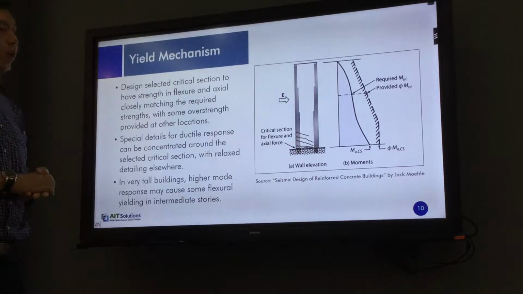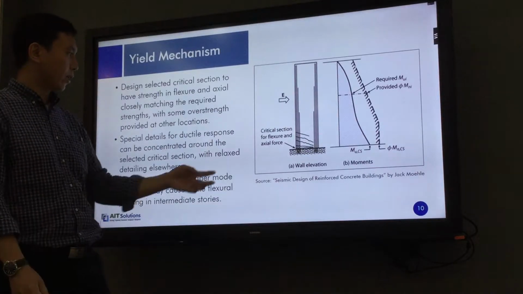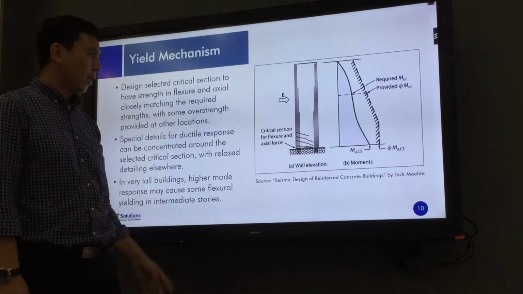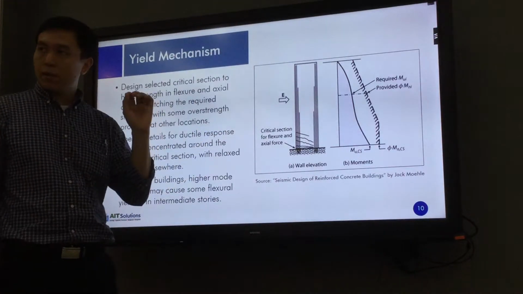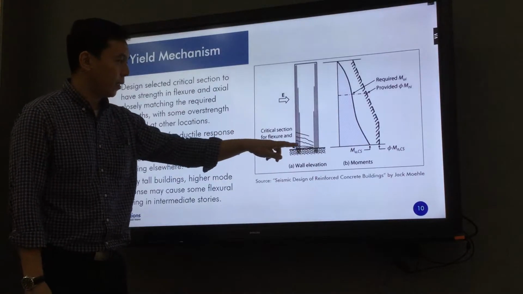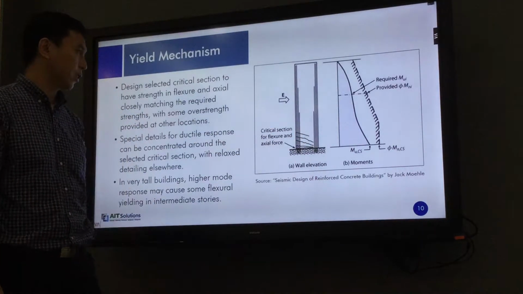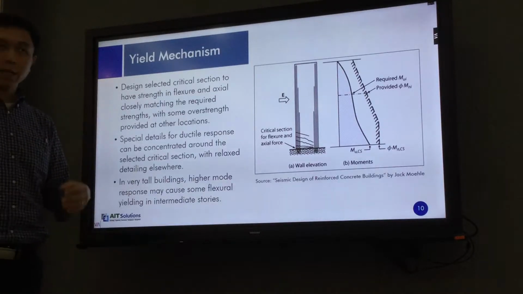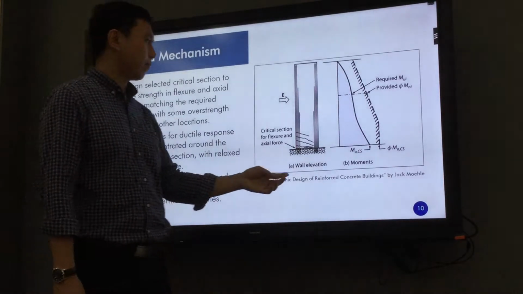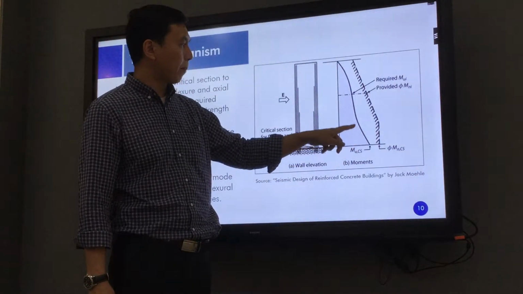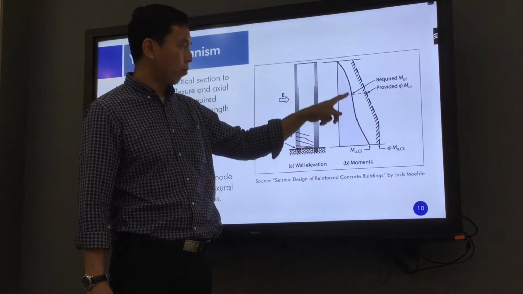When you design the shear wall, you have to select the critical section of the wall to allow yielding and provide good confinement, the boundary zone reinforcement, in those locations. From your analysis, from the ETABS model with design load combinations, let's say this is the bending moment diagram of the wall.